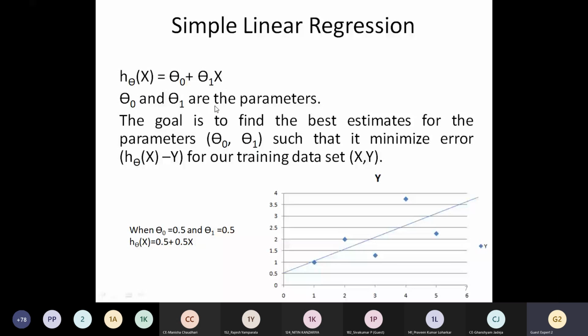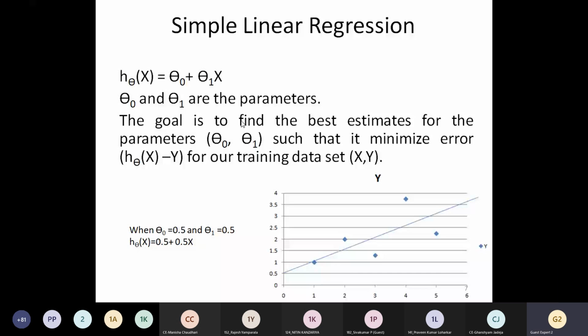Now, after finding this function, for any value of x, let's say in our data set we have x equal to 1. And for that x, we have a label y equal to 1. So (1, 1) is a data point in our training set.